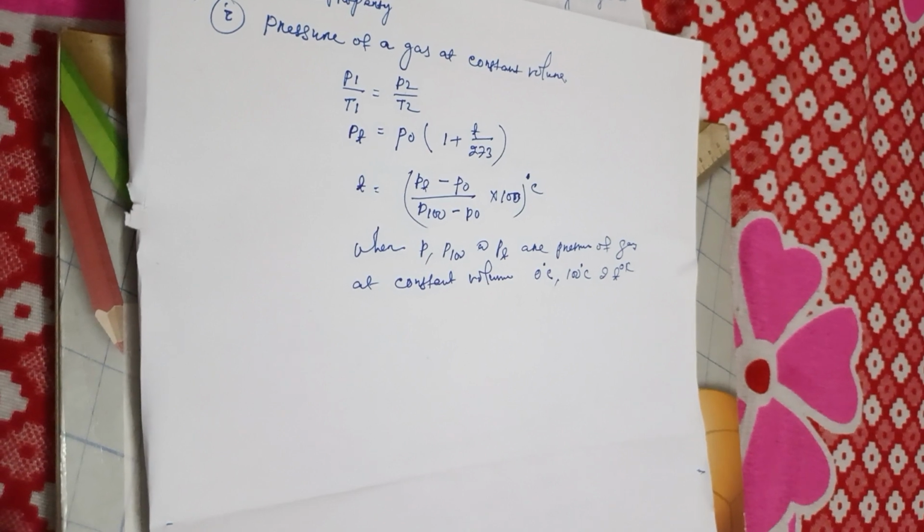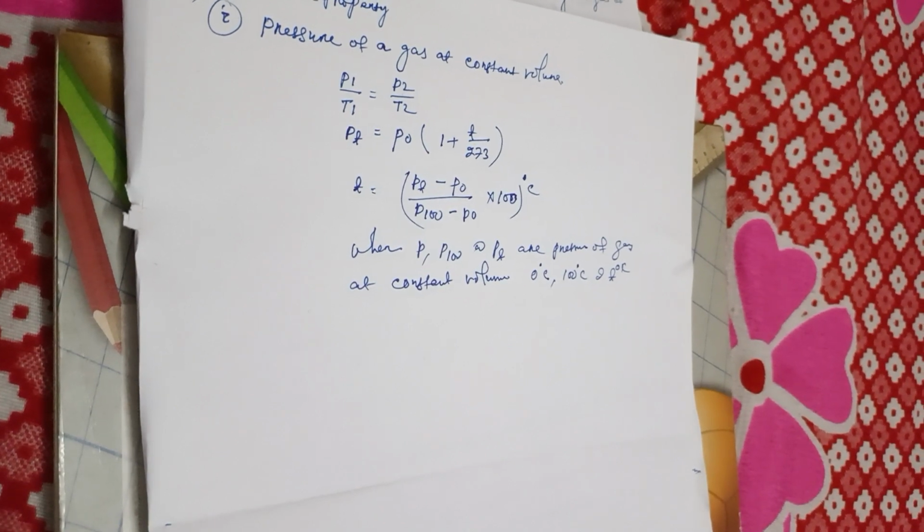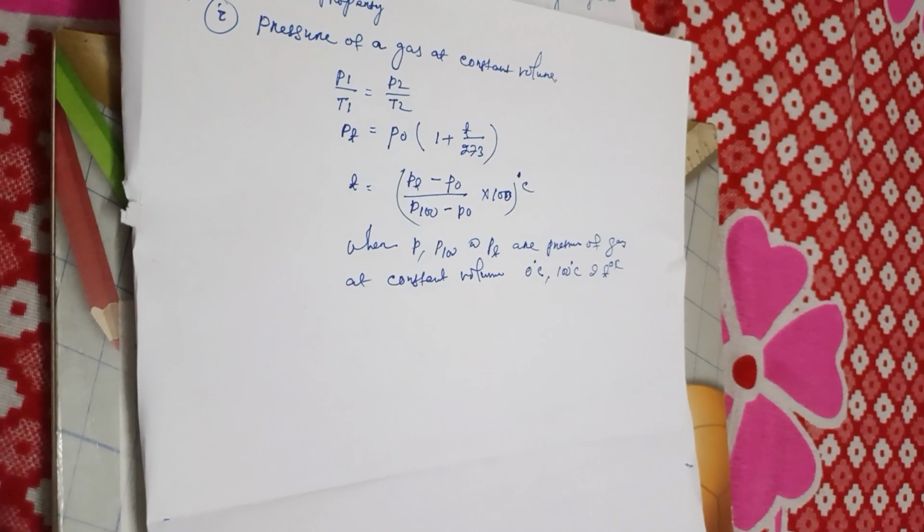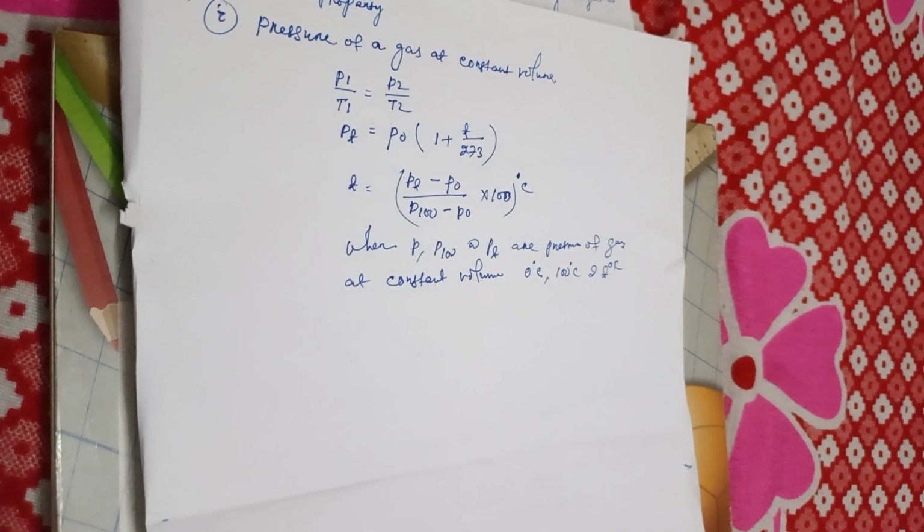A constant volume gas thermometer can measure temperature from minus 200 degree centigrade to plus 500 degree centigrade.